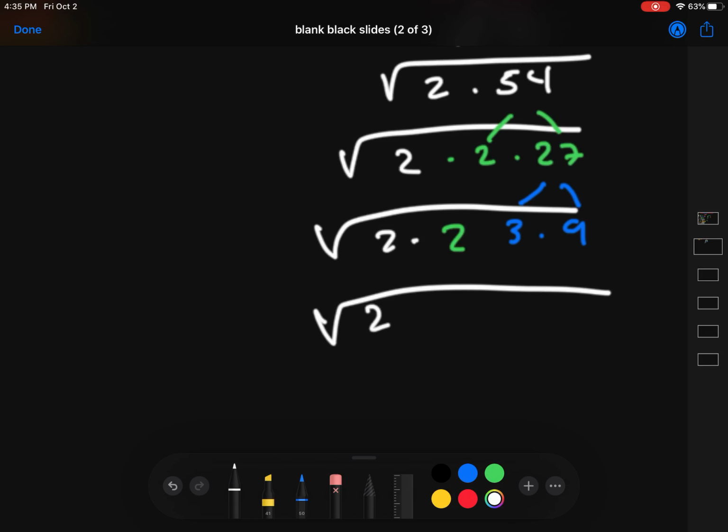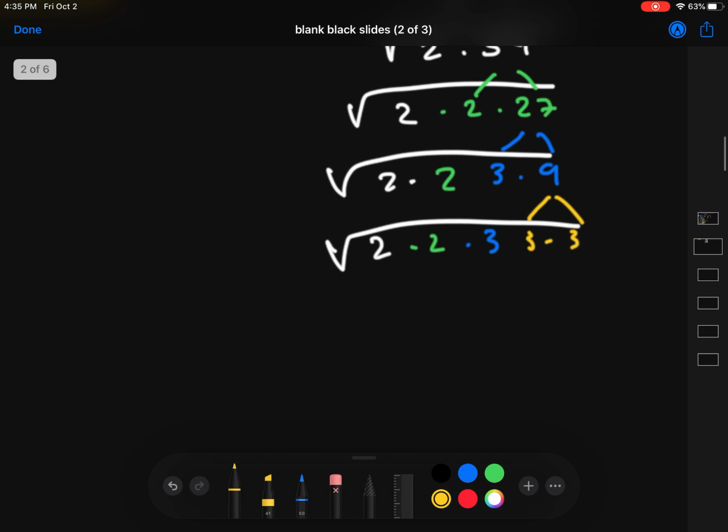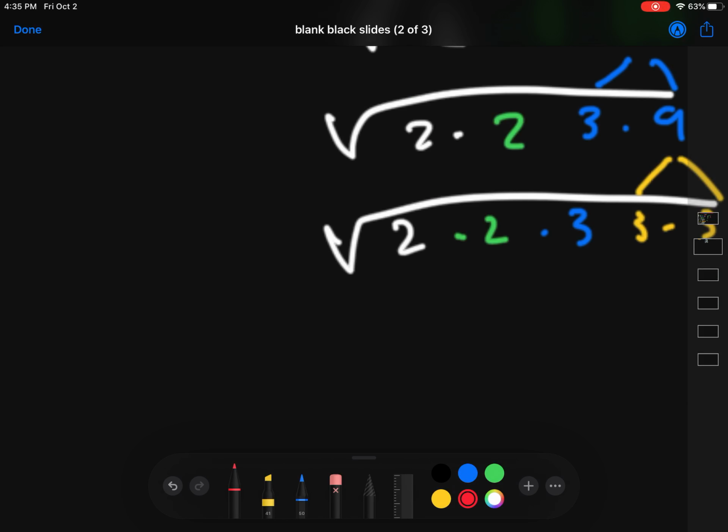So you have 2 times 2 times 3, and then you have 9, which is 3 times 3. Okay, so how does this work out? You remember this little index number is a 2. When you have pairs, they can come out.